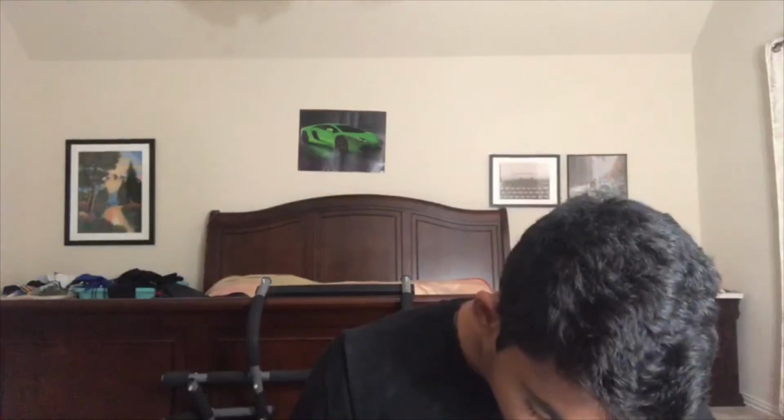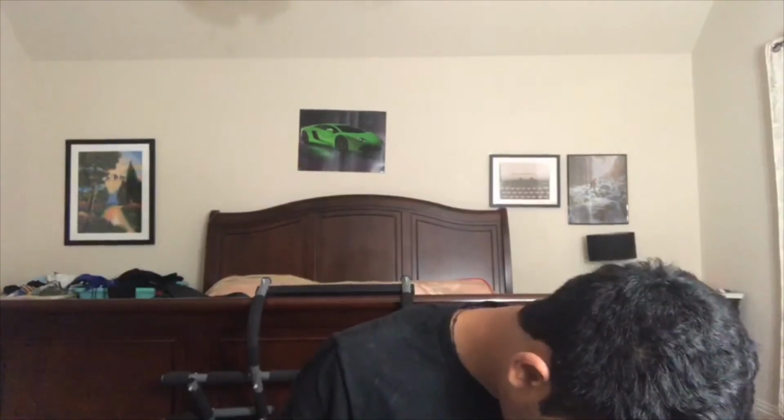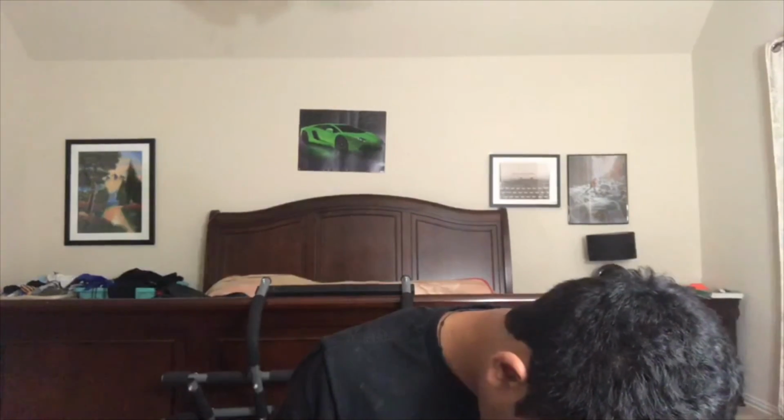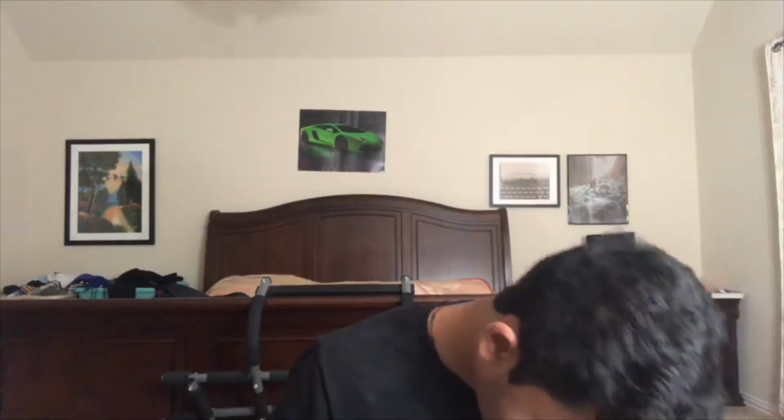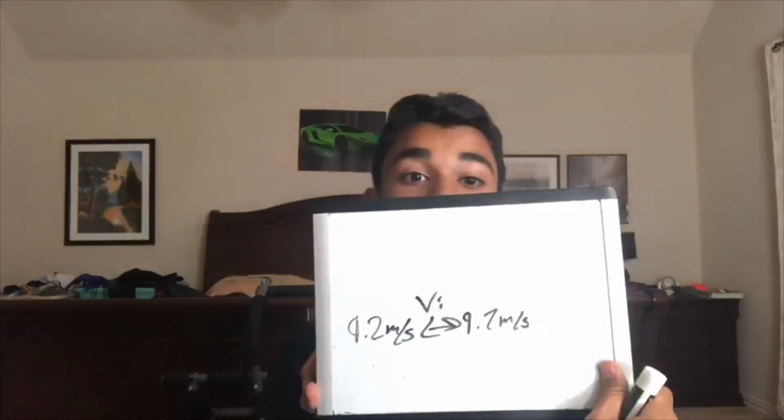But because we know that we estimated the degree, it is okay to assume that the real, true initial velocity is somewhere between 9.2 meters per second and 9.7 meters per second.